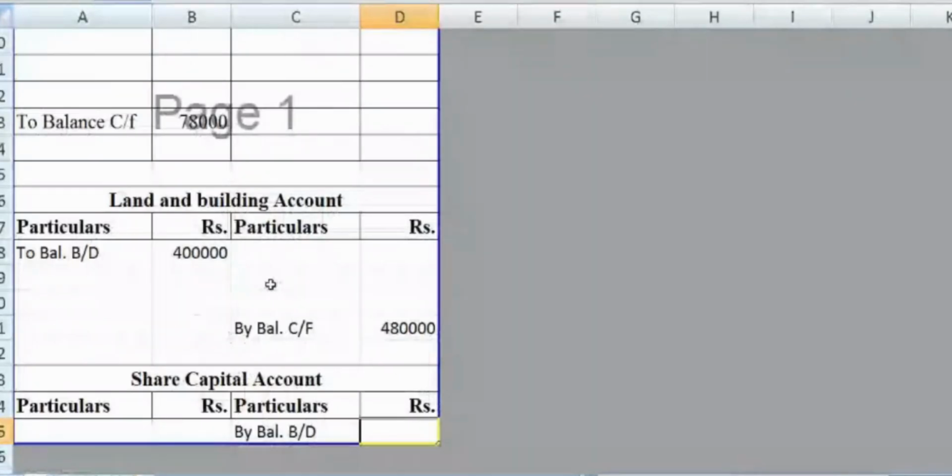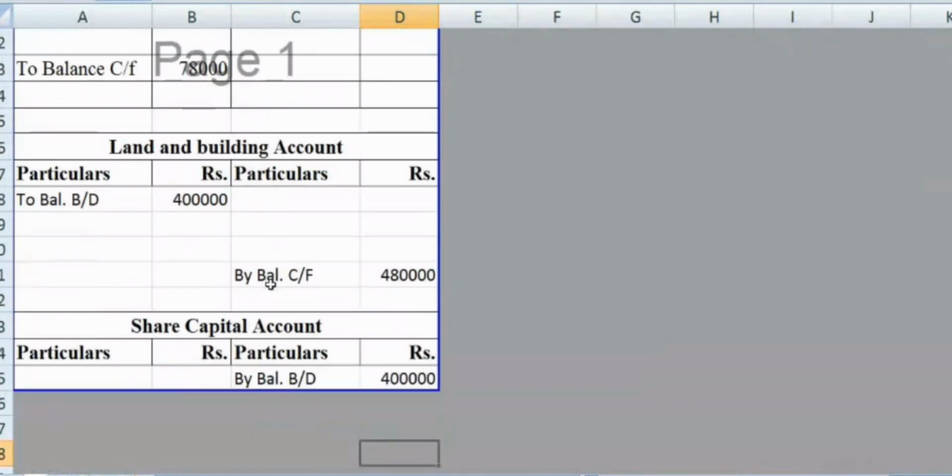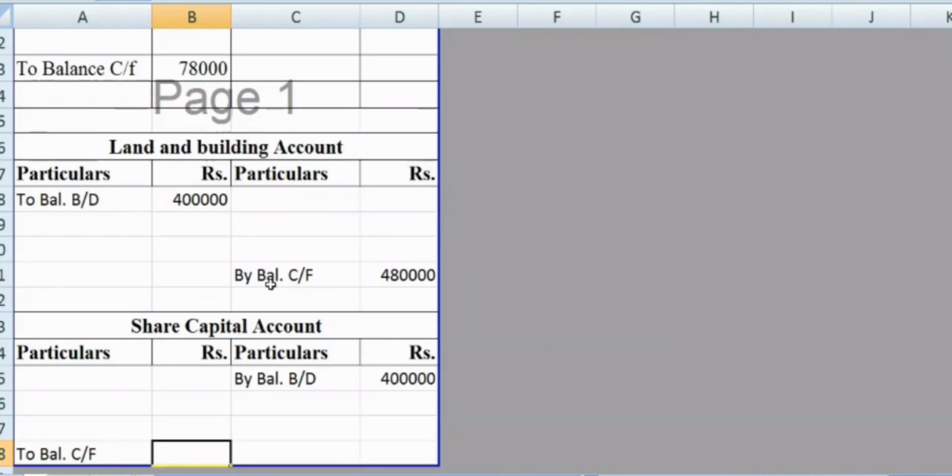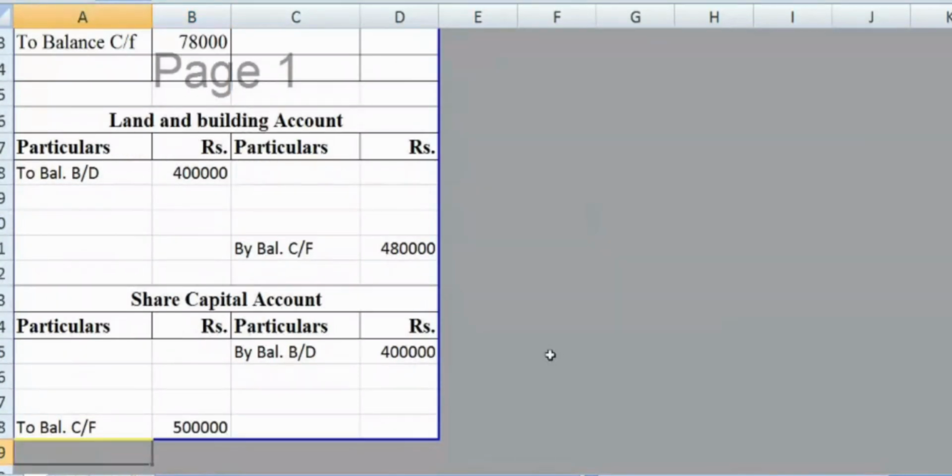And on the debit side, to balance carried forward, 5 lakh.